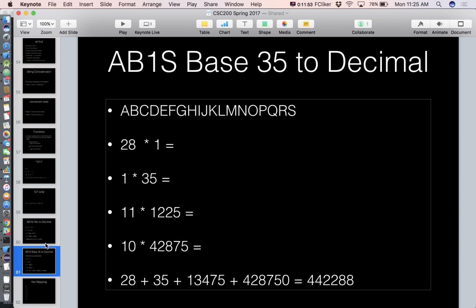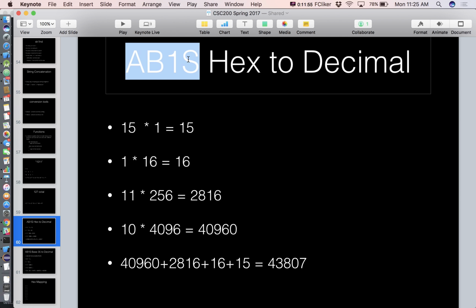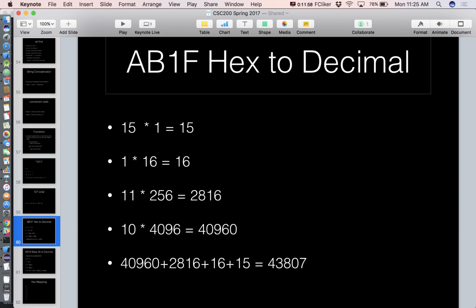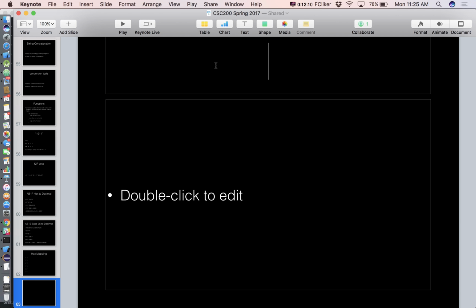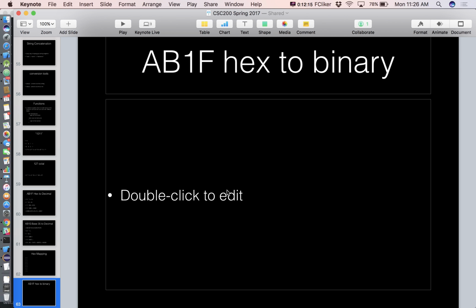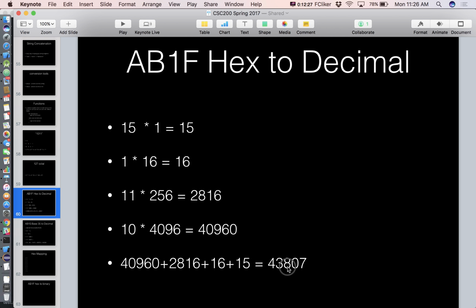So, for instance, if we go back to this guy, and this used to be, I have an F there? Like that. Okay, so a question I could ask you to do before we solve today's homework. And this one should scare you a little bit right off the bat. Hex to binary. If I said convert AB1F from hexadecimal to binary, our natural inclination might be, okay, well, let's first convert it to decimal.